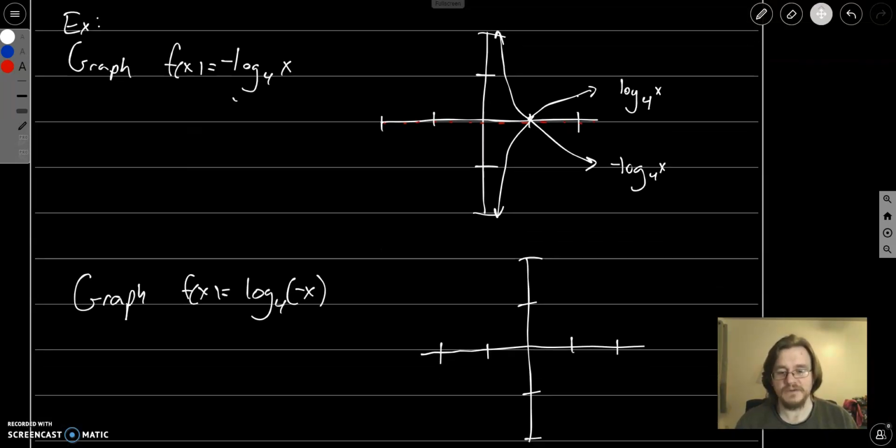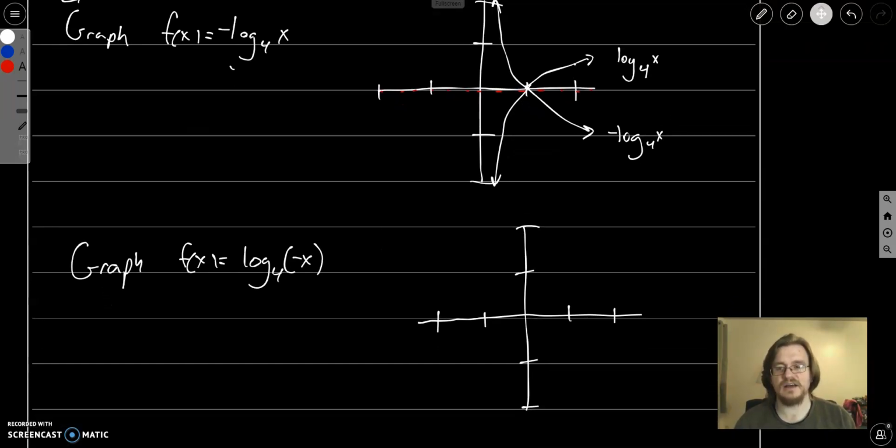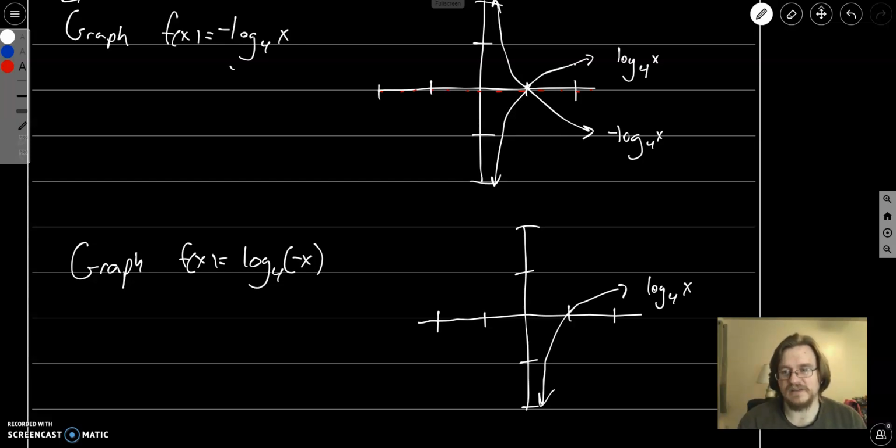Now we have to be careful because here we're multiplying the entire function by the negative sign. Down here we're only multiplying x. So if this was our function log base 4 of x, if we're multiplying the x by a negative number, this means that we're flipping all of the x values from positive to negative.